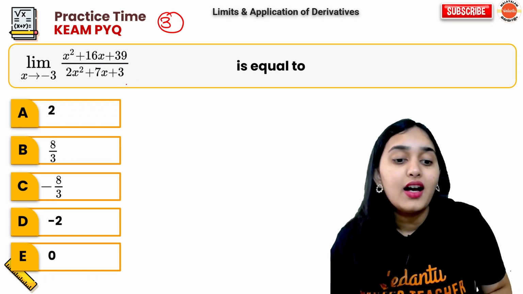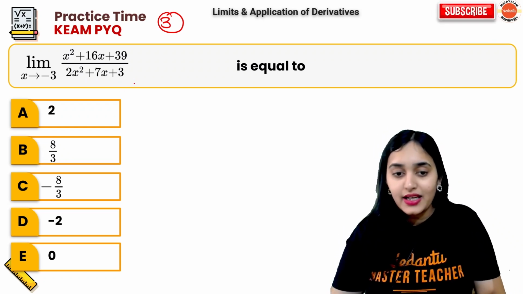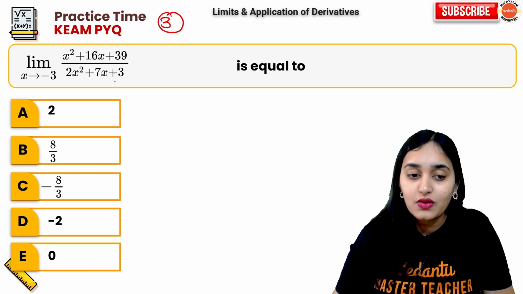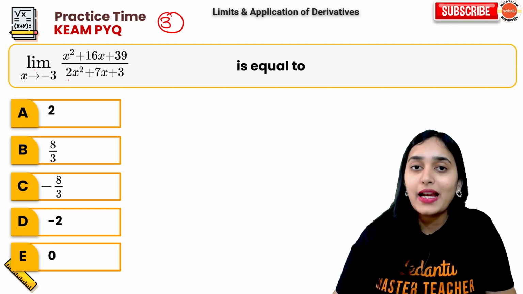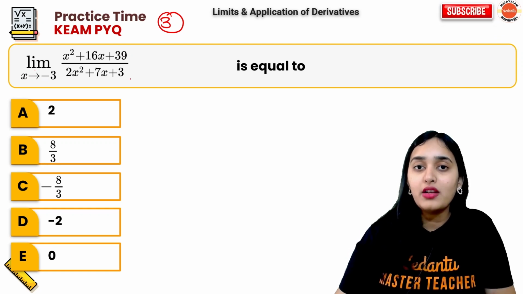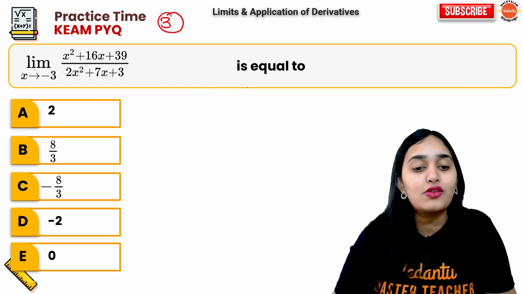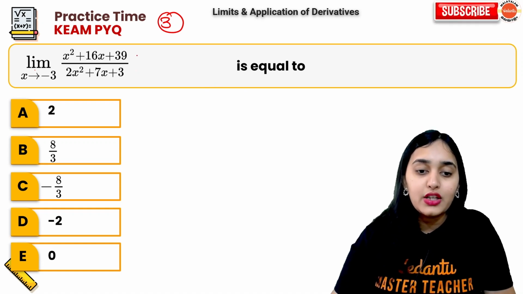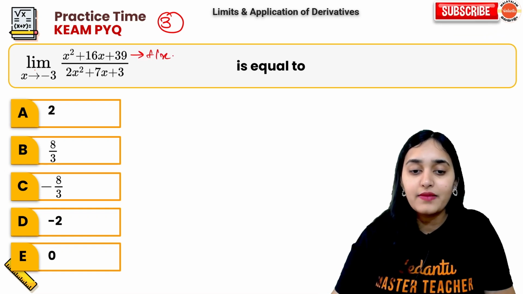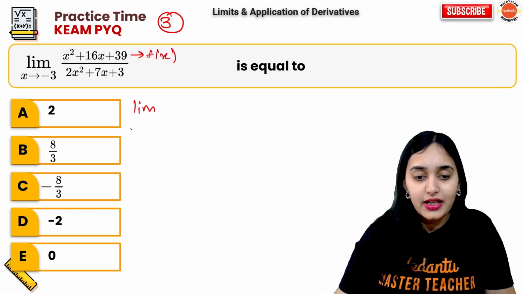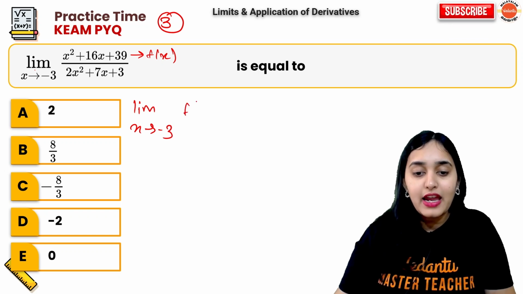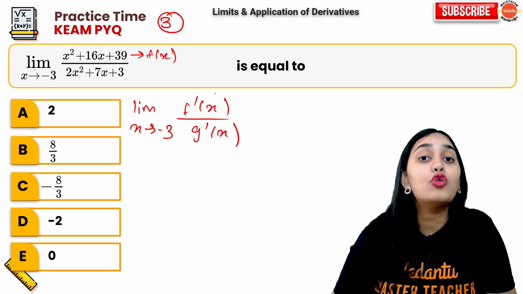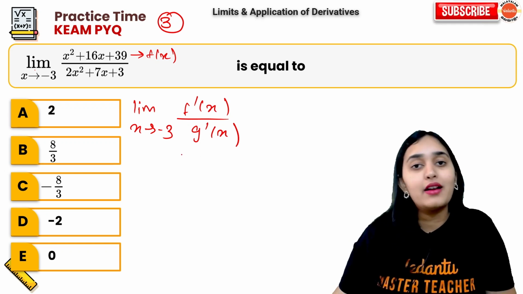Third, basically what we can do here is we can find f dash of x. We use L'Hospital's rule that limit x tends to minus 3 of fx upon gx is equal to limit x tends to minus 3 of f dash x upon g dash x. So if this is fx, you find out limit x tends to minus 3 f dash x upon g dash x. This will remove the 0 by 0 intermediate form.